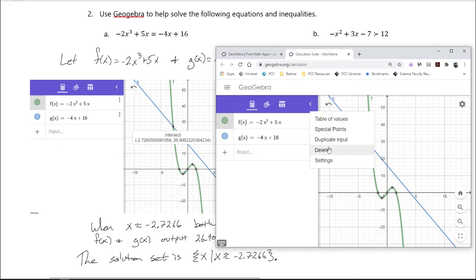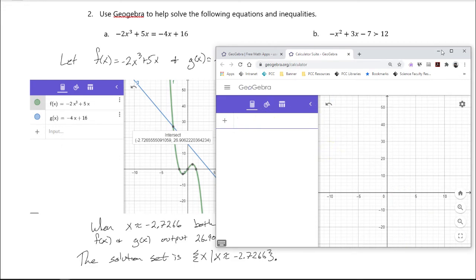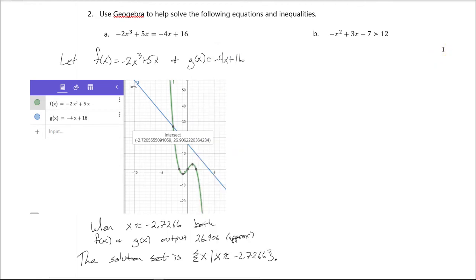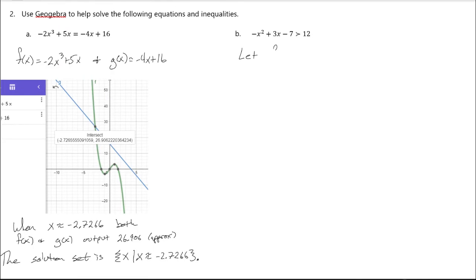So we'll go ahead and get rid of these functions here. And I want to real quick write, let f of x equal negative x squared plus 3x minus 7, and g of x equal 12.